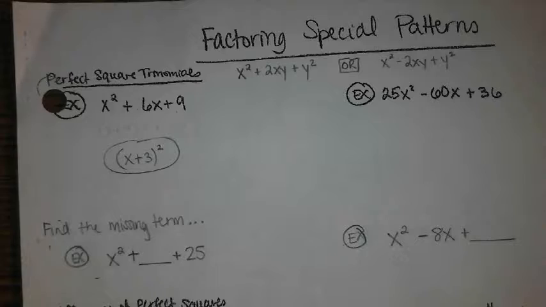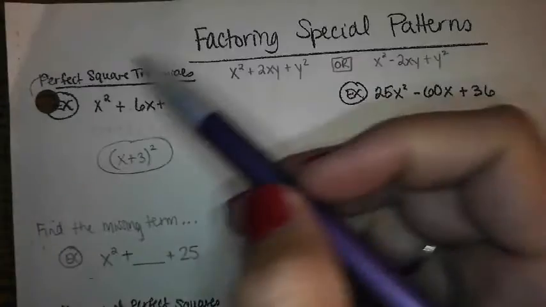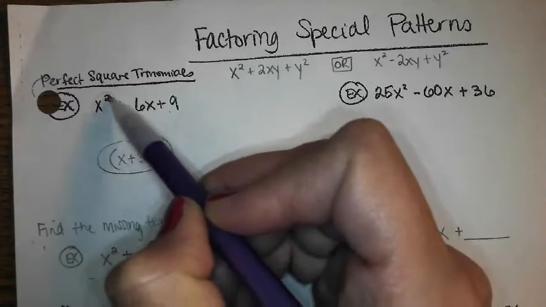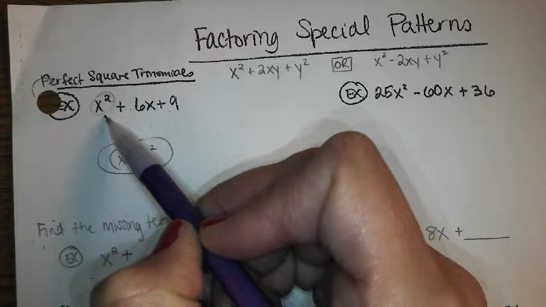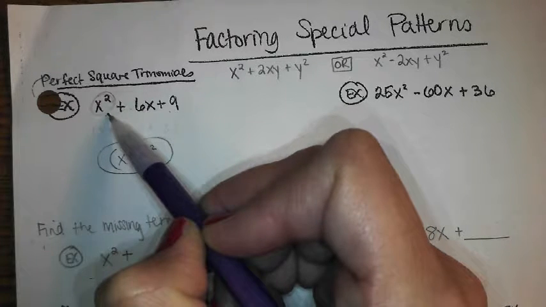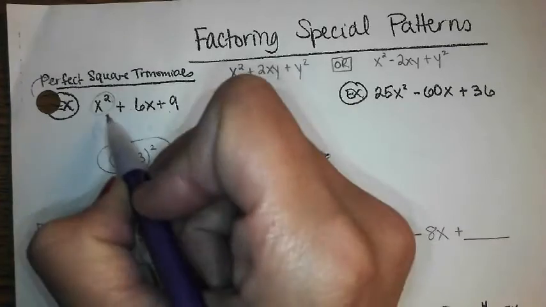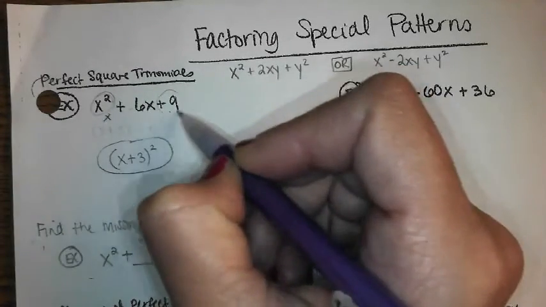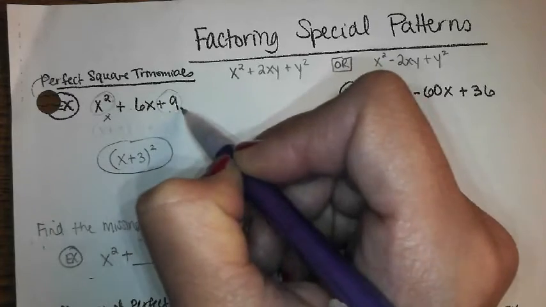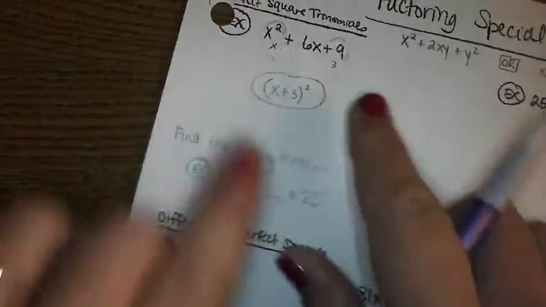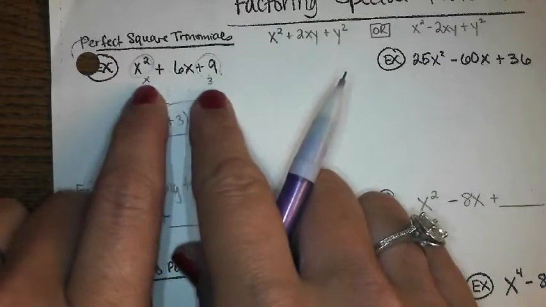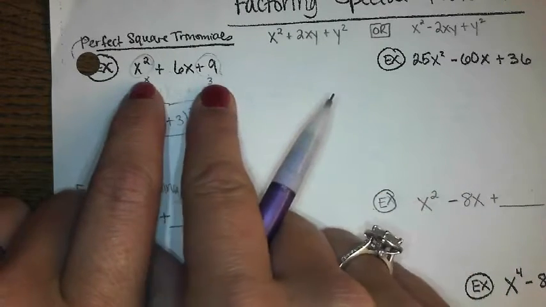Okay, here's the story. If your first term is a perfect square, does everyone agree that that's a perfect square? Yeah, what's its square root? X. If your last term is a perfect square, what's the square root of 9? 3. And when you multiply those together, x times 3 is 3x, right?